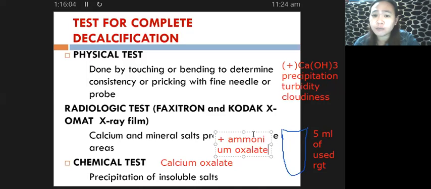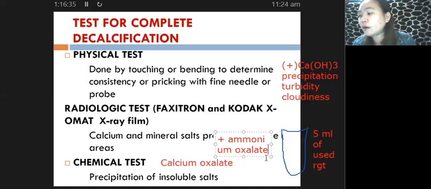If there is precipitation, turbidity, or cloudiness, it indicates the presence of your calcium, meaning decalcification is incomplete. At this particular point of the chemical test, what will cause the precipitation, turbidity, or cloudiness is the calcium oxalate that will be formed.